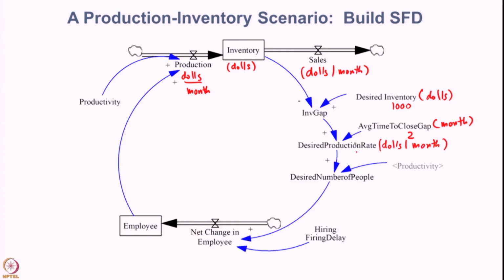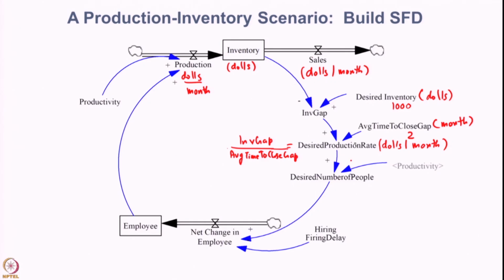So, the desired production rate is equal to, in the underlying equation, inventory gap over average time to close the gap.